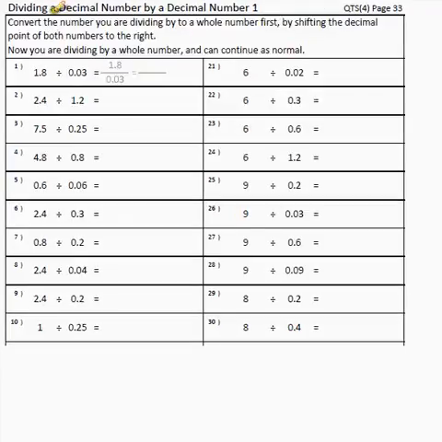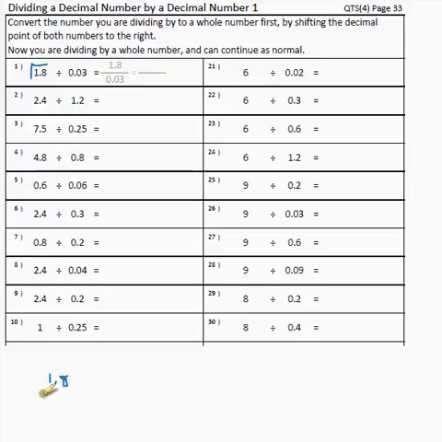Okay, now dividing a decimal number by a decimal number. Convert the number you are dividing by to a whole number first, then shift the decimal point. Okay, let's work through an example. 1.8 divide by 0.03. Now, I said to you the first one goes under the bus stop.